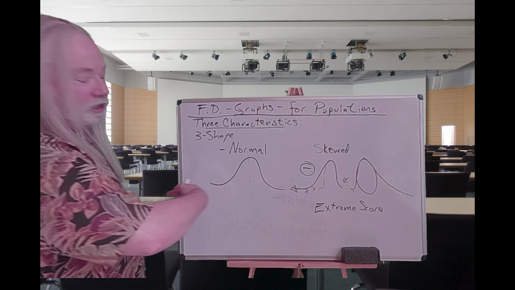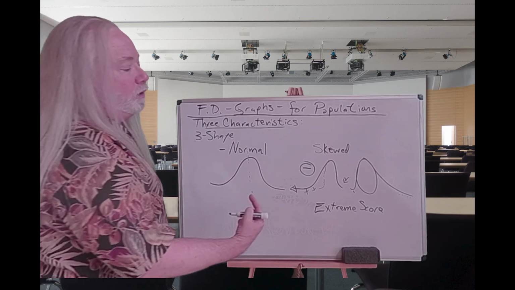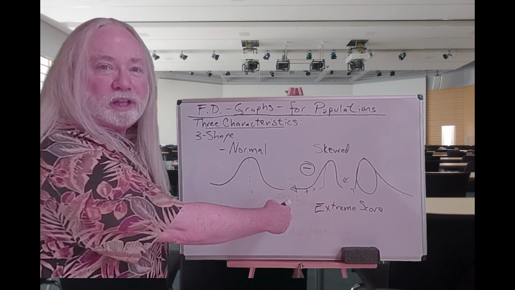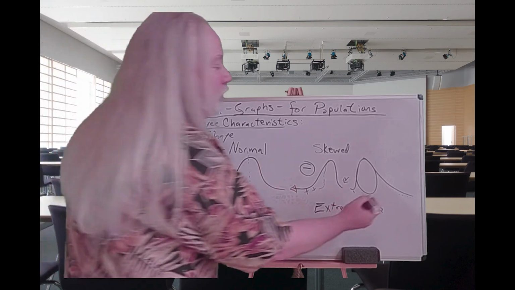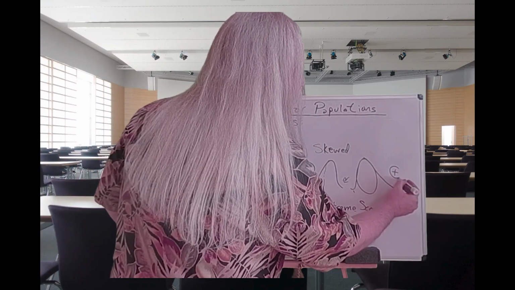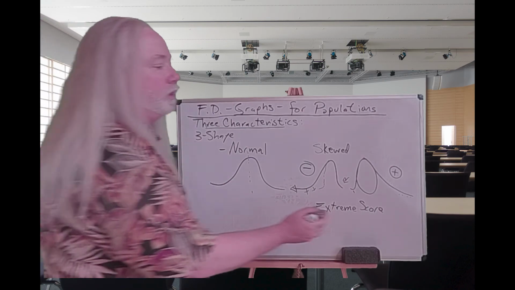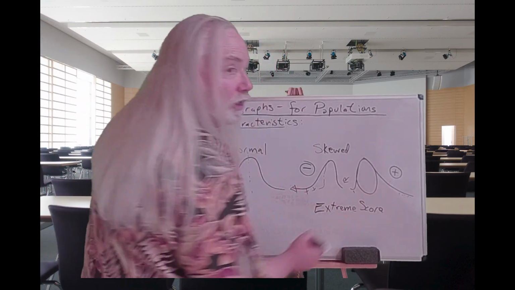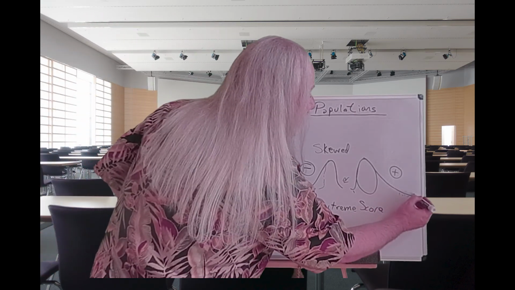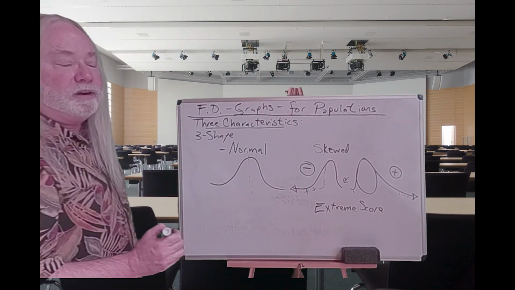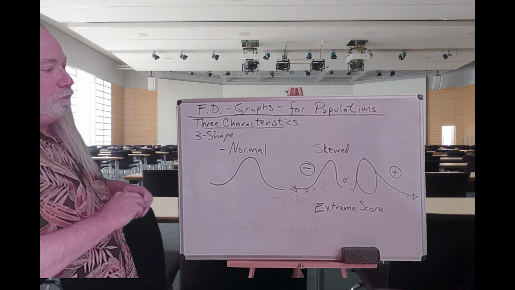So if the tail is pointing towards negative numbers, or if you say that the extreme scores are the low ones, it's negatively skewed. Over here, this is positively skewed, that the rare scores, the extreme scores, are these ones that are higher than all the others. And also the tail points towards greater and greater values, so it is positively skewed.